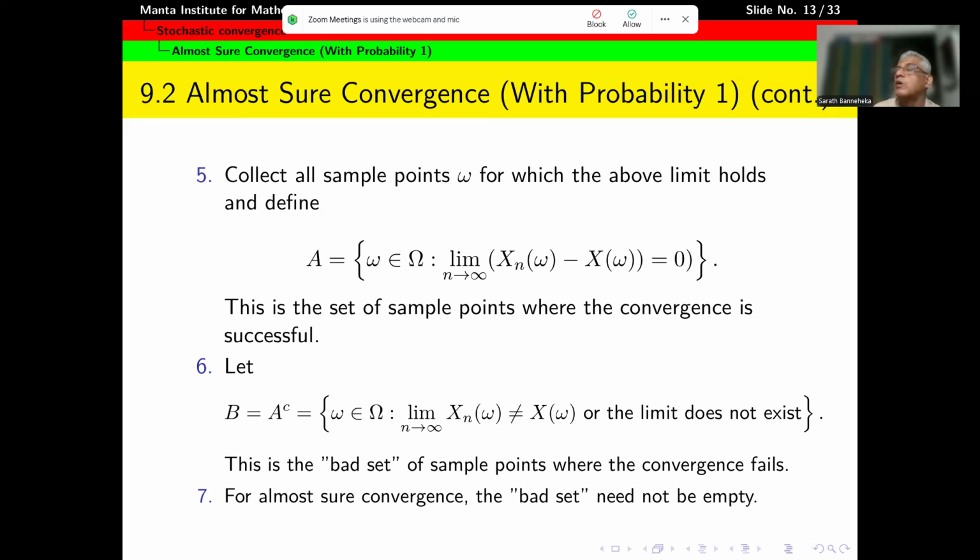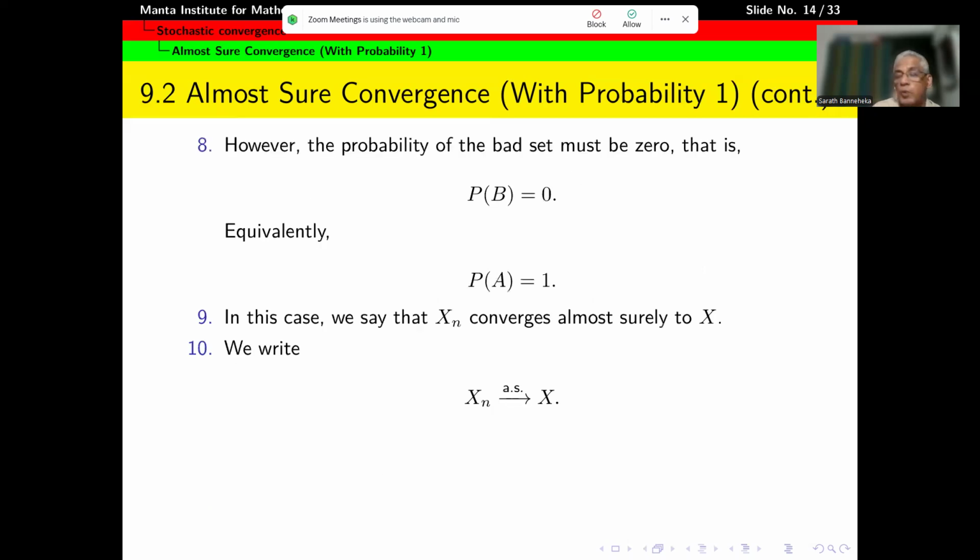There may be some outcomes in that set, but the probability of that set has to be equal to zero, right? Remember, a set here is generally an event, so that we can talk about probability. So the probability of that bad set has to be zero, and equivalently, the probability of the good set, the set of omegas for which the convergence occurs, has to be equal to 1. If that is the case, then we say xn converges to x almost surely.